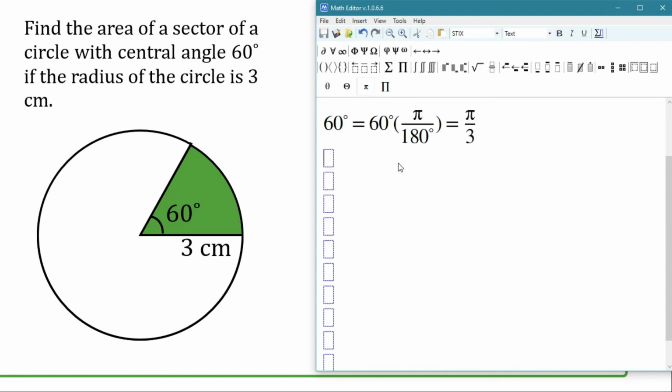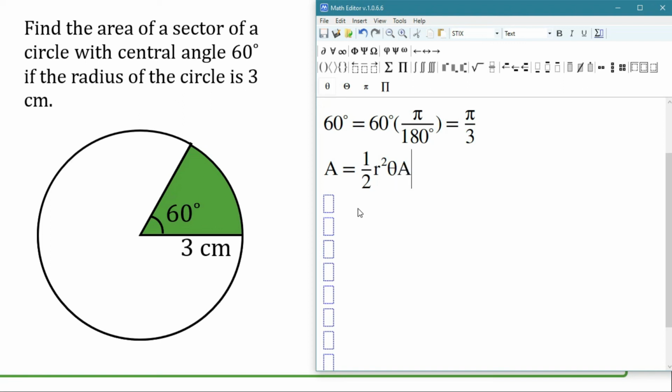Then after having that, we will now plug in the values to our formula, and that would be the area of the sector, which is represented by A, equal to 1/2 of the square of r multiplied by the theta measure in radians.